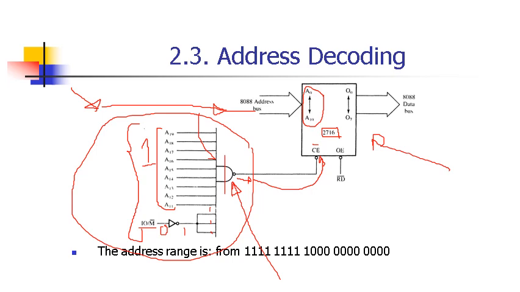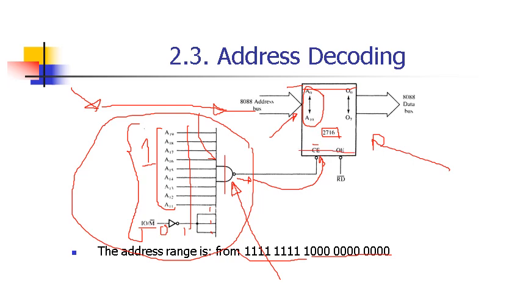So the first address is, you have 9 ones, these are 9 ones, and the first 11 bits given to your memory, addressing the first memory location, are 11 zeros. So this is your beginning address.